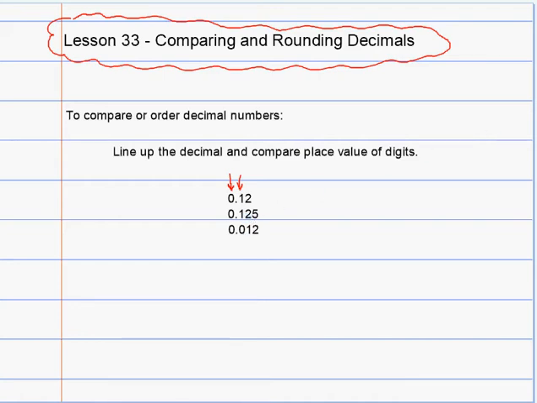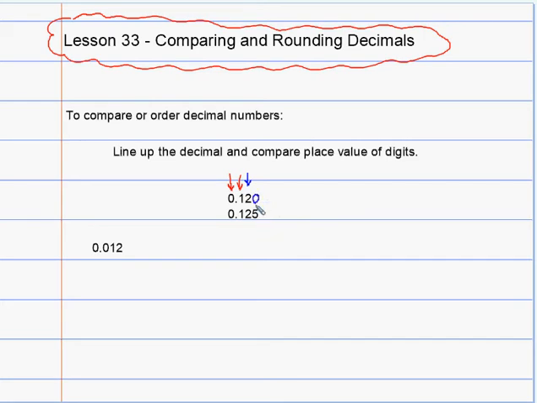Okay, so what I'm going to do is get that one out of here because that one comes first no matter what. Now we look at the next place. So we're going to look at the hundredths place, and we see that they are both 2s. So I need to go to the next place value. So in the thousandths place, we have nothing here, and if it makes it easier for you, you can put in zeros as placeholders.